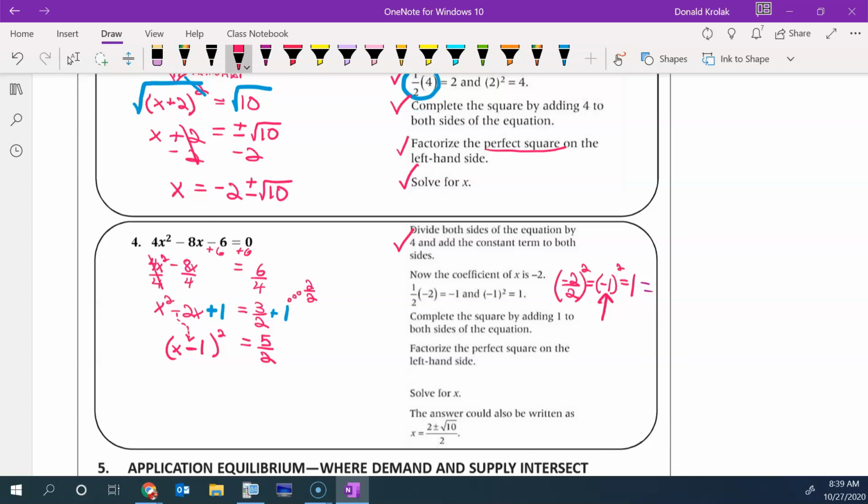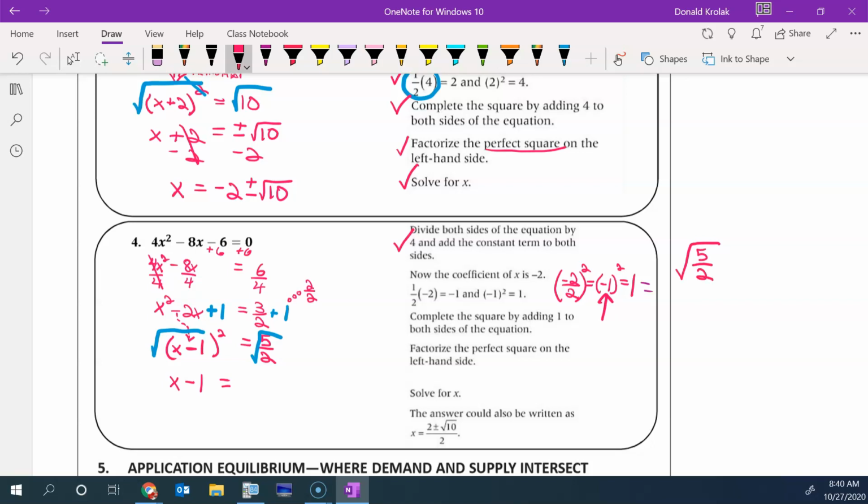The square root of 1, or you can do the square root of this term. All right, and now it's just how do you simplify these radicals? Okay, so I got x minus 1 equals, simplifying the square root of a fraction.